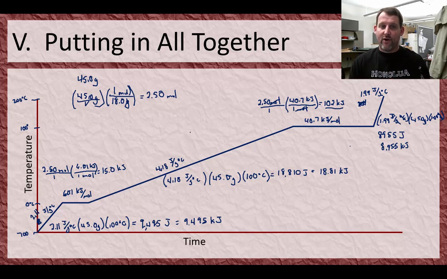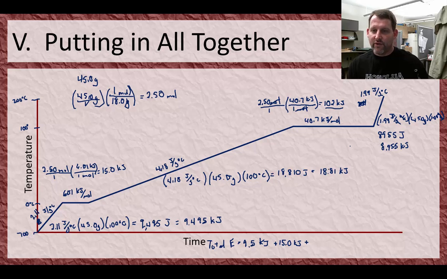And now I'm ready to start adding all these up to see what the total energy is. So the total energy is equal to the energy to heat the ice up, 9.4, let's call that 9.5 kilojoules, plus 15.0 kilojoules, the energy required to melt that ice, plus the energy required to heat the water from 0 to 100 degrees is 18.8, plus over here the energy required to boil that water, 102 kilojoules, plus the energy required to take that steam from 100 to 200 degrees is about 9.0.